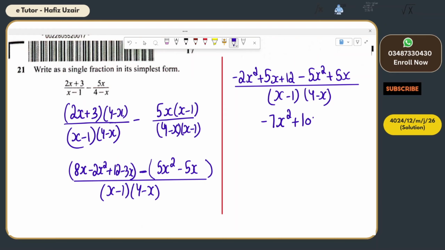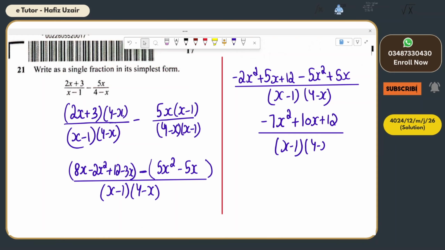So this will be minus 7x square plus 10x plus 12. If you solve these two terms, you will get minus 7x square, and if you solve 5x and 5x, you will get 10x. And then in the denominator, we have x minus 1 into 4 minus x, and that is your answer.